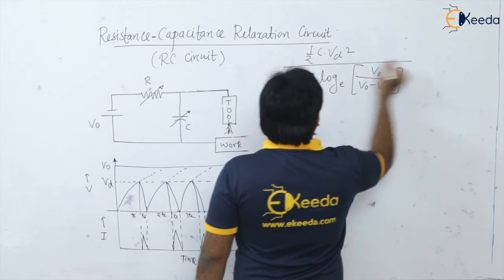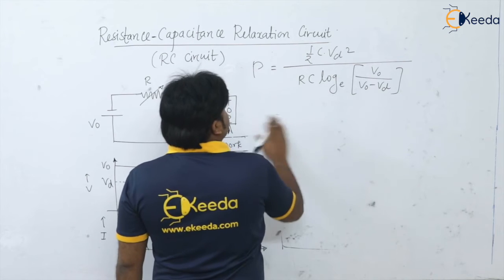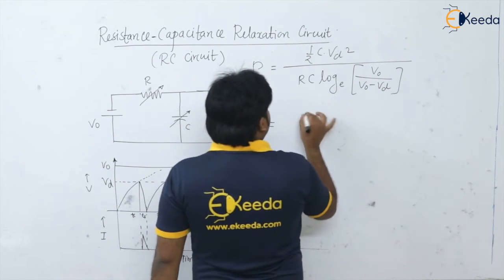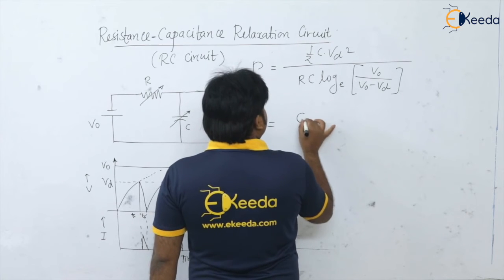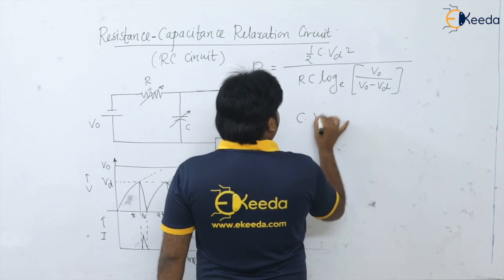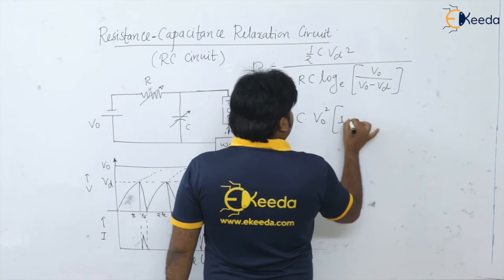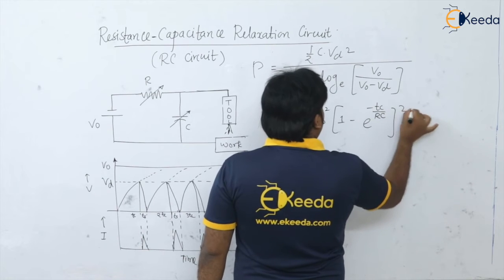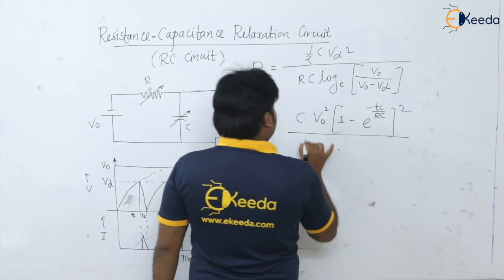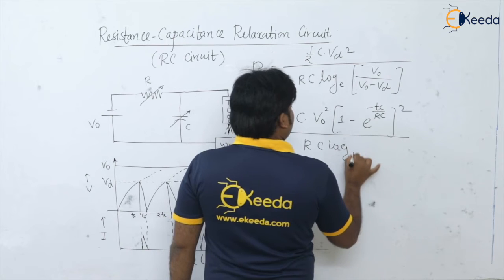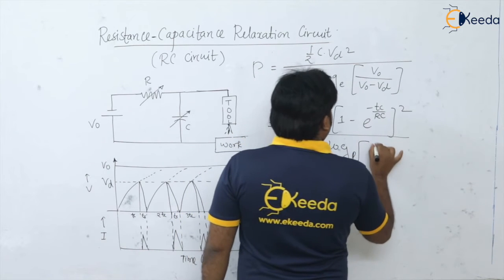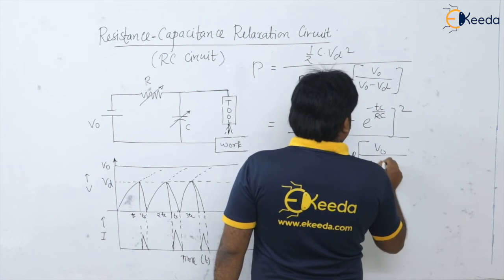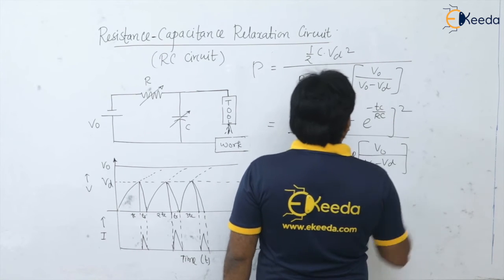So now, here we know what VD is, so I write C into VD as VO square into bracket 1 minus e to the power minus TC divided by RC whole square, divided by RC log to the base E of VO divided by VO minus VD, isn't it?